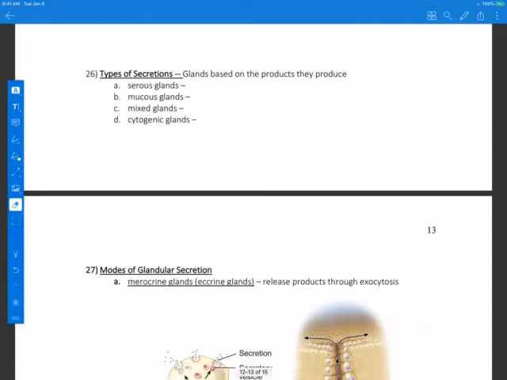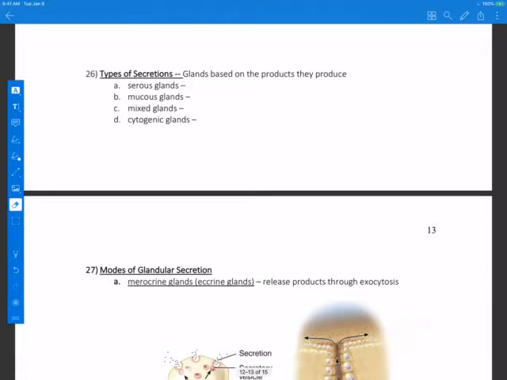An example of a serous gland secretion would be perspiration. It's a thin, watery secretion. Sweat. Another one would be milk. Milk from a mother's breast. Or tears. Tears from your eyes when you cry. Or digestive juices. They're thin, watery secretions.